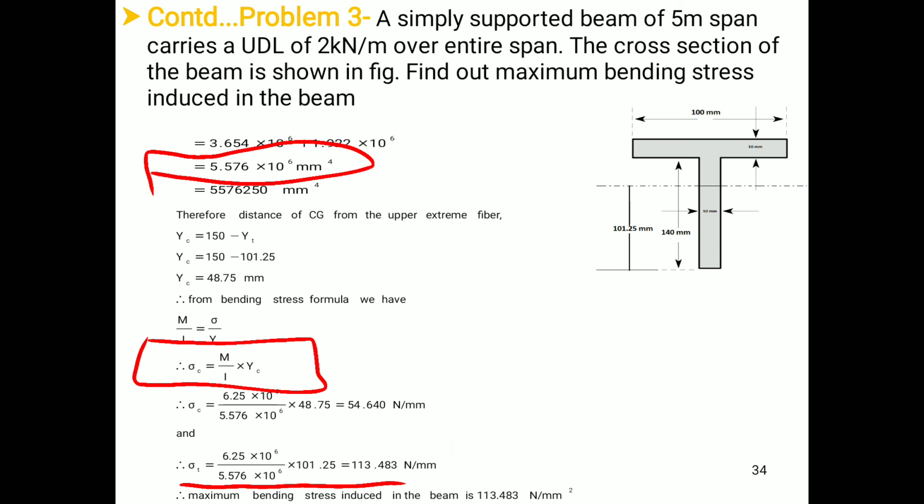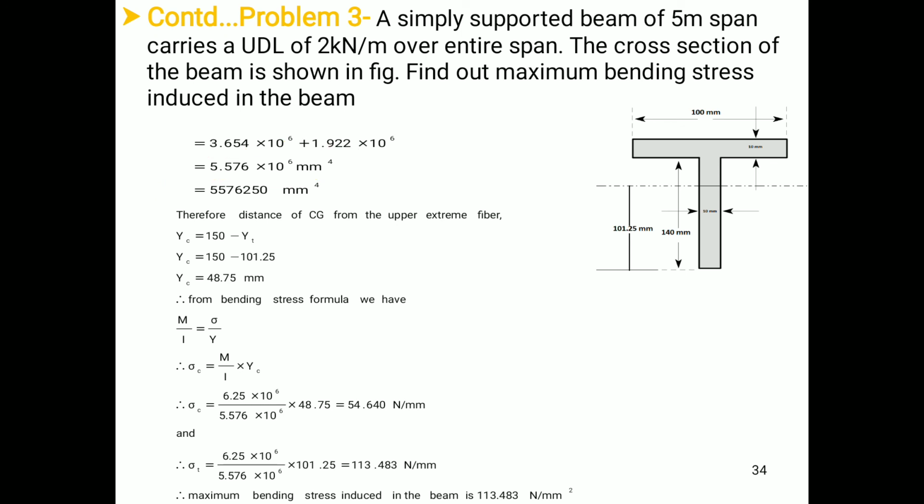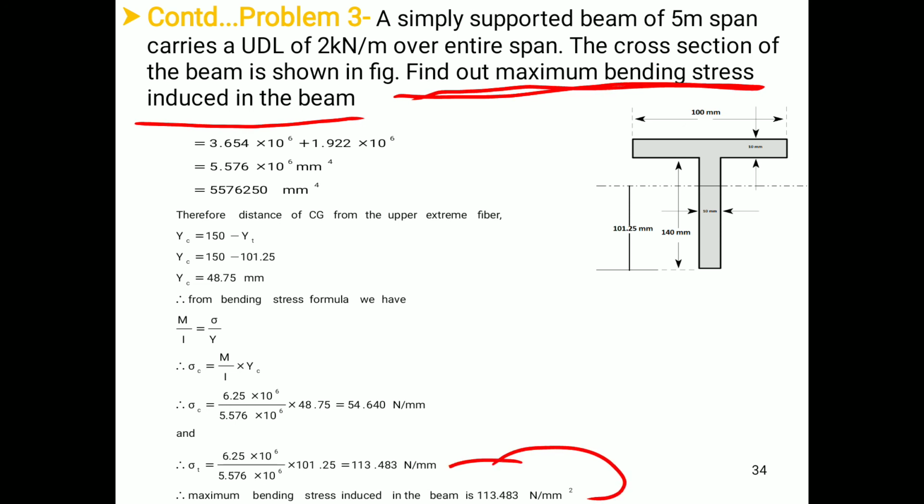If I compare the values of sigma c and sigma t, the maximum stress is sigma t, that is 113.483 Newton per mm square. Therefore, as asked in the numerical, the maximum bending stress induced in the beam is 113.483 Newton per mm square.